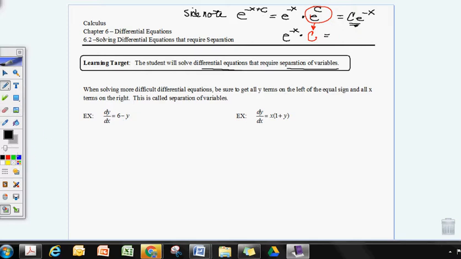So on to the actual types of problems that we're going to be looking at today. So again, y terms on the left, x terms on the right, and this is called separation of variables, and that was part of our learning target. So just like we've done before, I see that this has my dx, so I'm going to move it to the other side, and I get dy would equal 6 minus y and a dx.